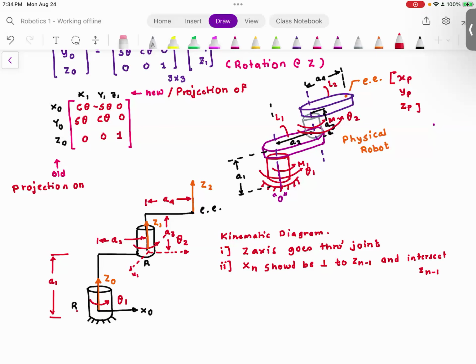Some of you may ask me, can X1 be in the opposite direction? Yes, X1 can be in the opposite direction. In other words, you have four possible choices for X1.